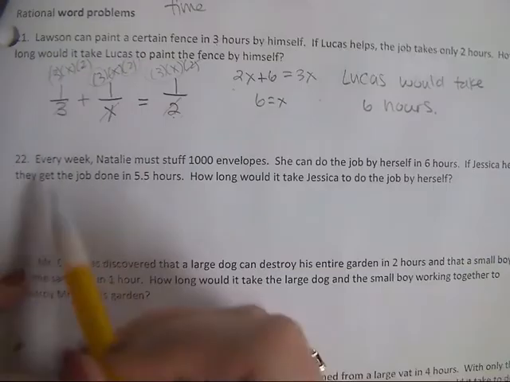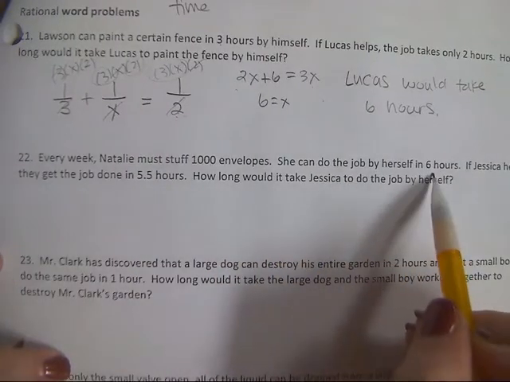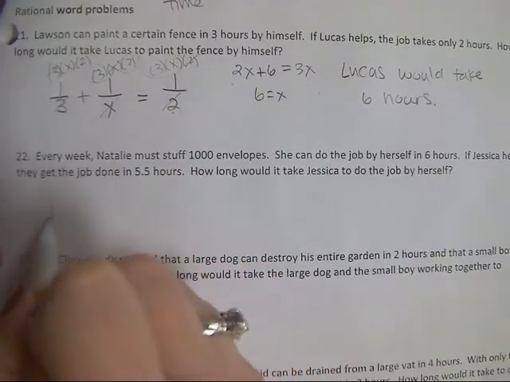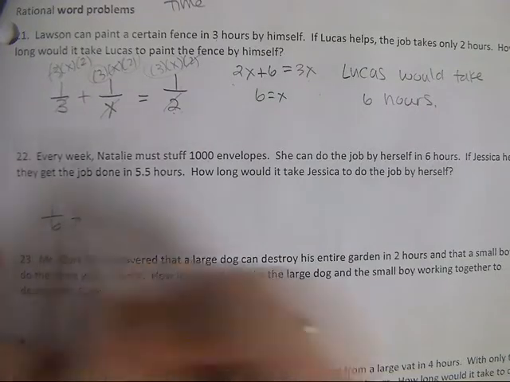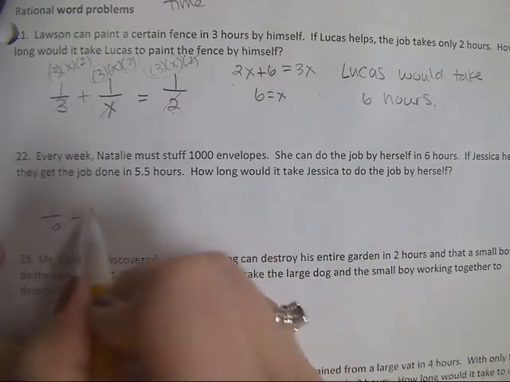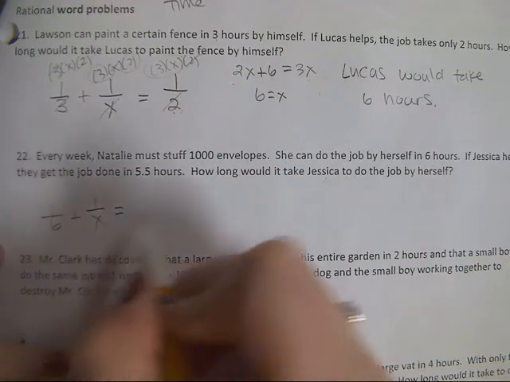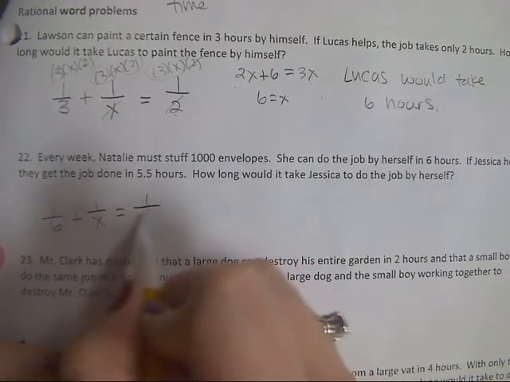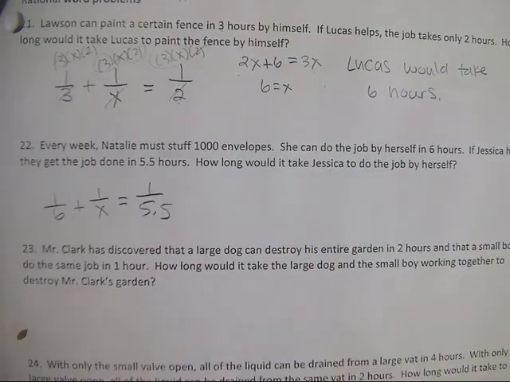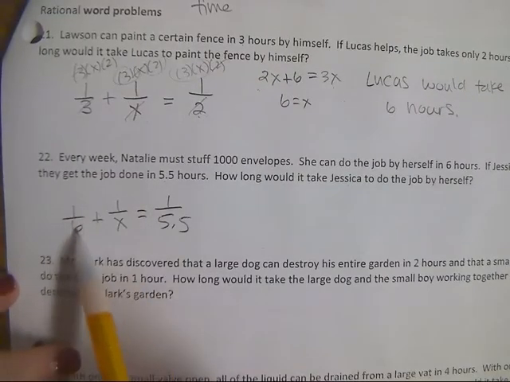So to set it up, I have Natalie first. Natalie does it in 6 hours, so we have 1 over 6 plus, I don't know Jessica yet, that's what it's asking me, 1 over x equals their together time of 5.5 hours. So we're going to multiply each piece by each denominator.